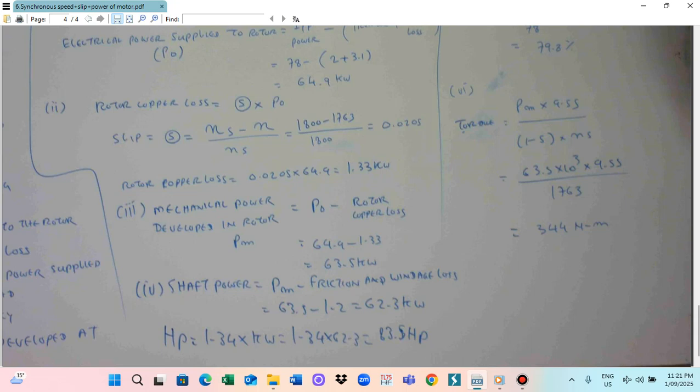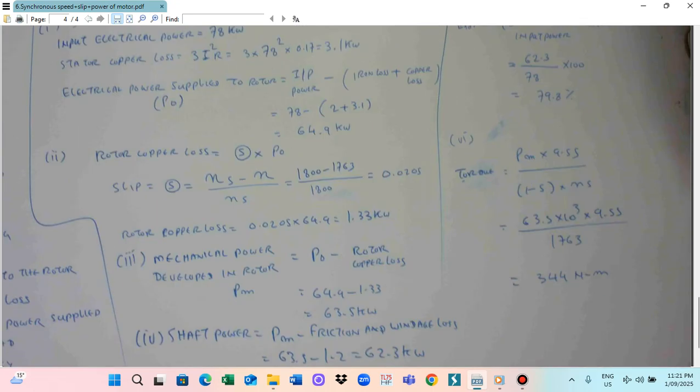Then we substitute: PM is 63.5, minus friction and windage loss of 1.2, and we get 62.3 kilowatt. So this is the shaft power.